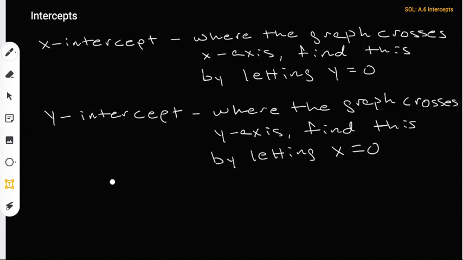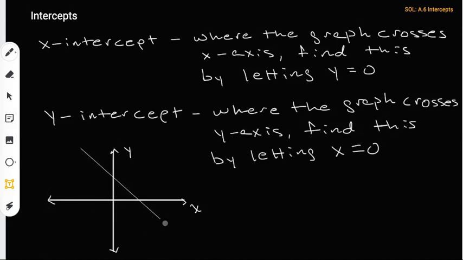So what this means is typically when you have an XY plane where the horizontal axis is called the x-axis and the vertical axis is the y-axis, when you graph any line, it could have a y-intercept, an x-intercept, or both.